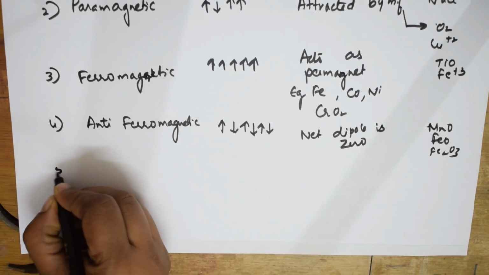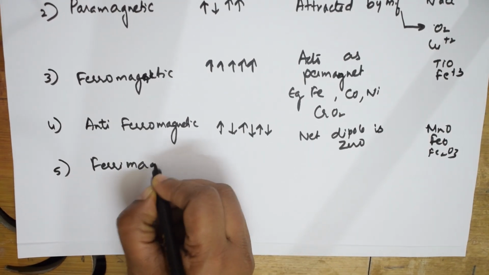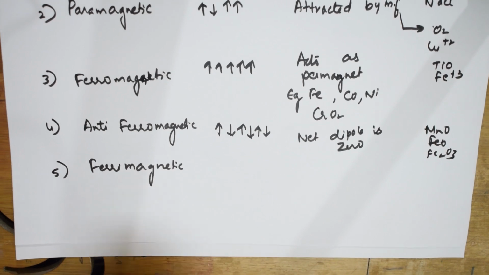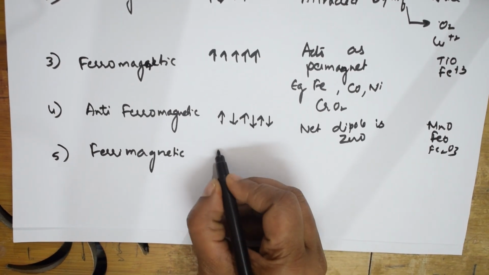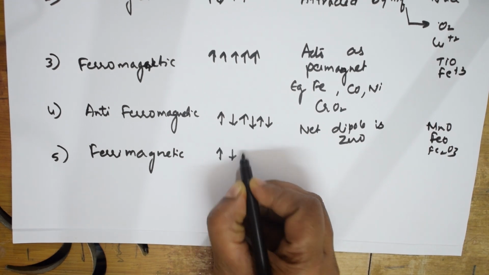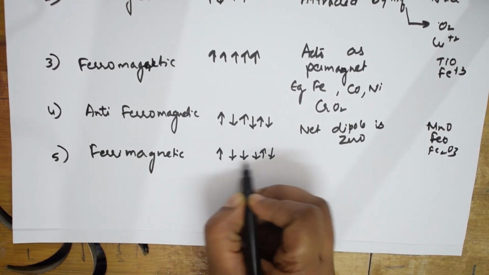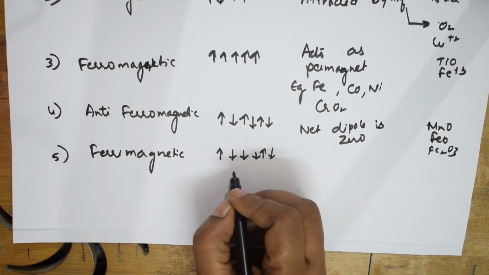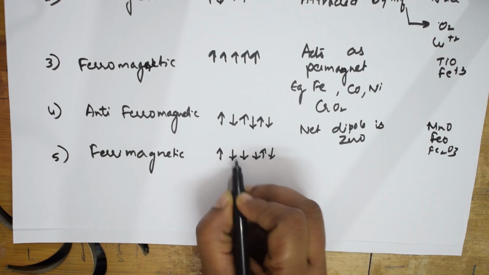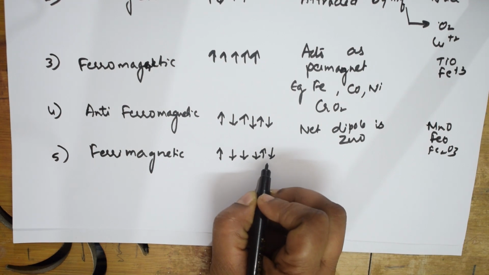Now the last magnetic property, ferrimagnetic. Here, how is the alignment? Up, down. Now observe, how many unpaired electrons? 3. So this arises when there is a net dipole moment, isn't it? Here the alignment is one up, one paired, again unpaired electrons.